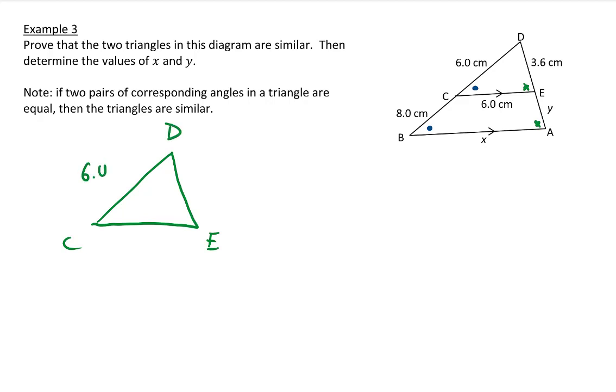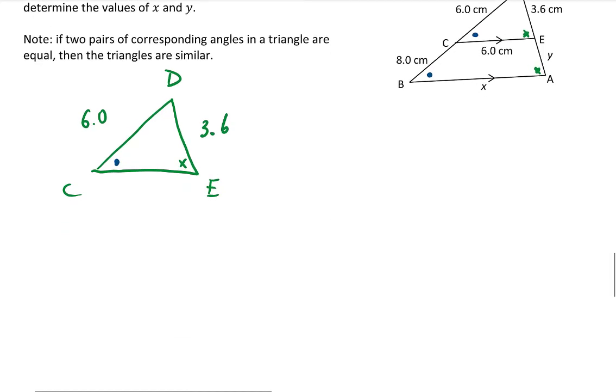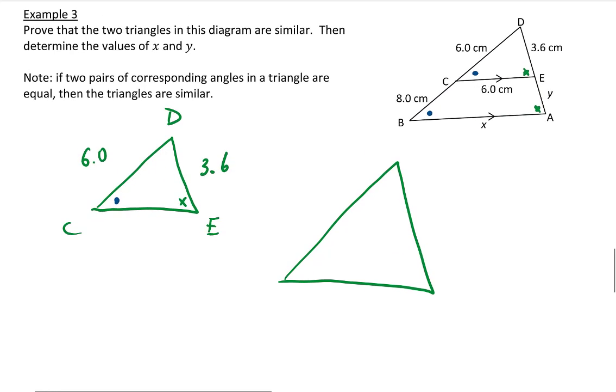It has side lengths of 6.0 and 3.6, and we said that this was one of the angles here, and we said this angle here is x, or little x. And then we have this big triangle here. It is BDA. So B, D, and A. And again, this angle and this angle were the same.